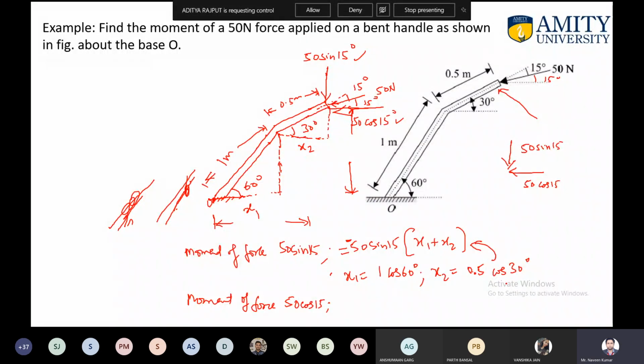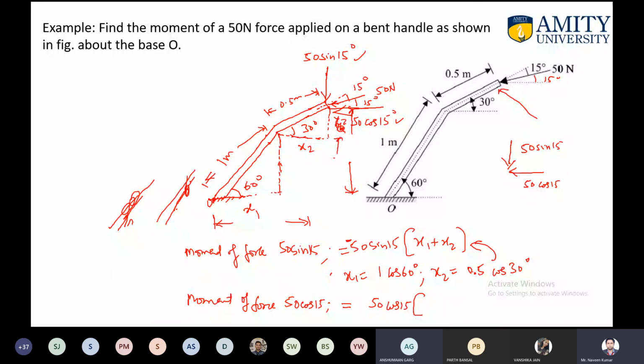Similarly, for the force 50 cos 15, how much will it be? See here, now this sense is how much? This is anti-clockwise, so this will be plus. So we can write here 50 cos 15 into, and I am directly writing what this perpendicular part is. We have to see these three letters here. This is x3, this is y1 and this is y2.